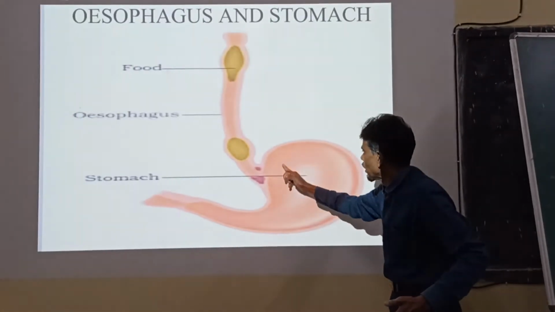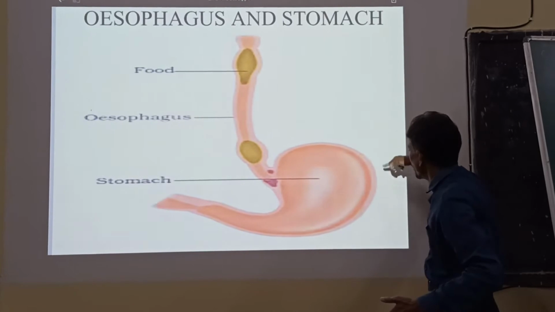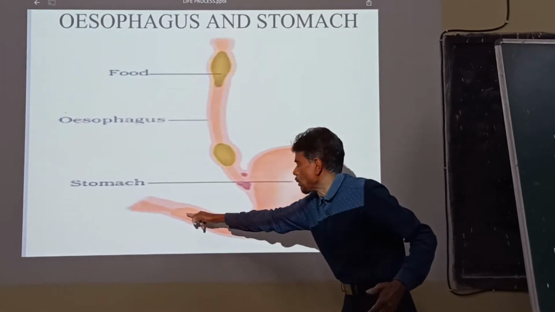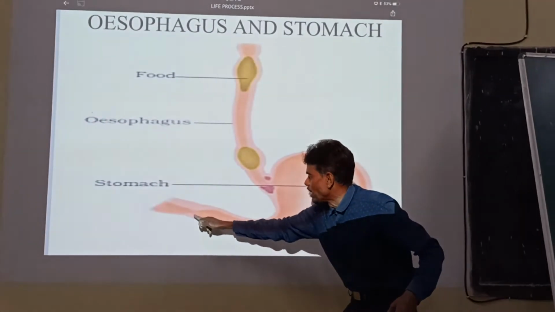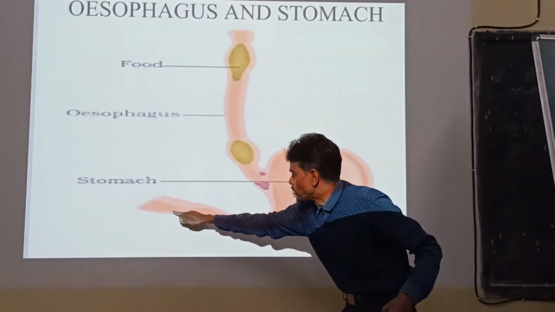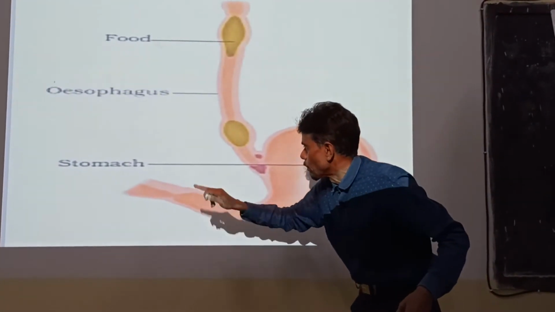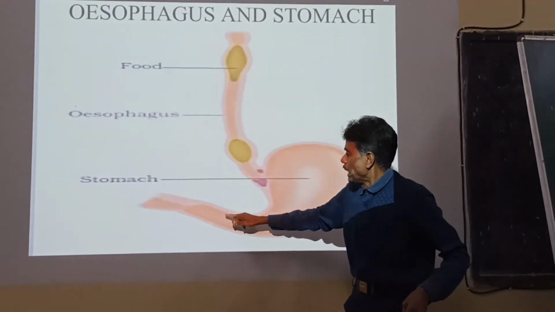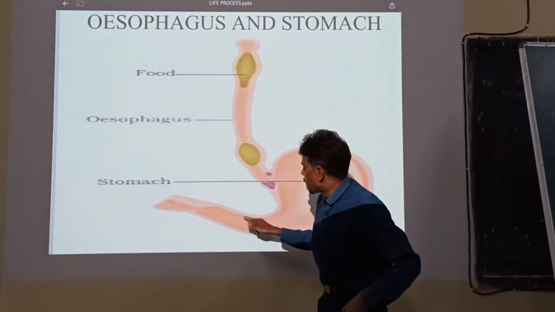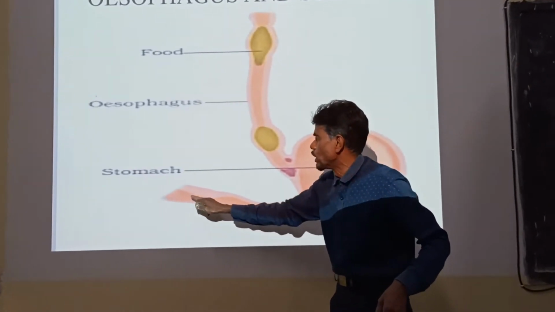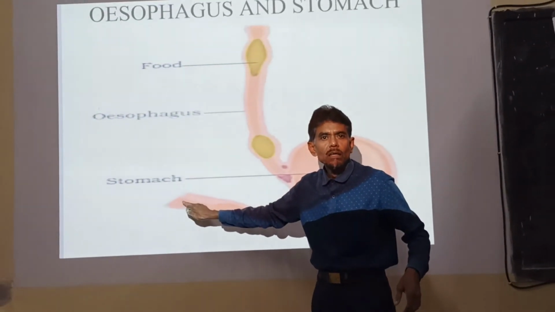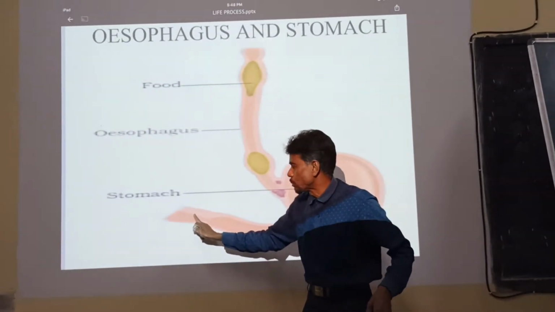The stomach has the first part, then the main body, and then the pyloric part. This is the pyloric sphincter. You can notice my finger where I am pointing. This is the pyloric sphincter, which controls the entry of food from the pyloric part of the stomach into the first part of the small intestine, called the duodenum.